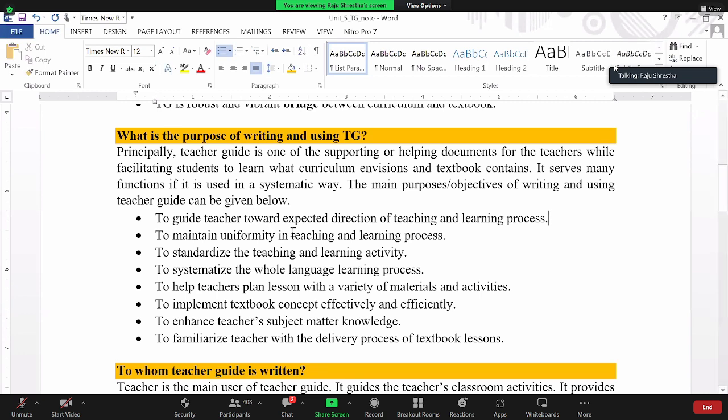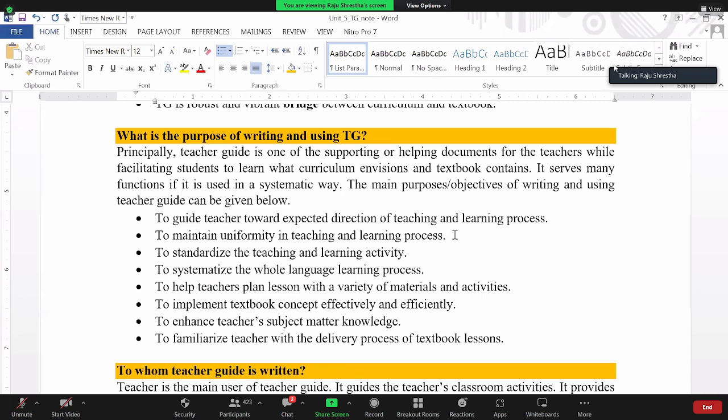So TG helps to maintain uniformity in teaching and learning process. If TGs are developed by one authorized institution, then other implementing agencies, implementing institutions like schools, utilize TG, and when they utilize TG in a systematic way, in an honest way, what happens?